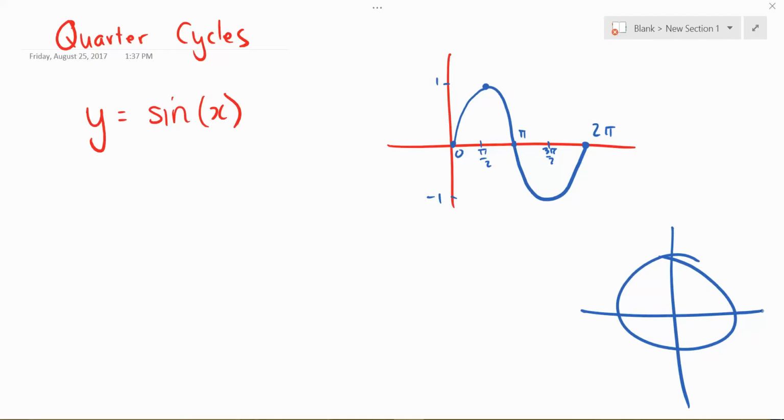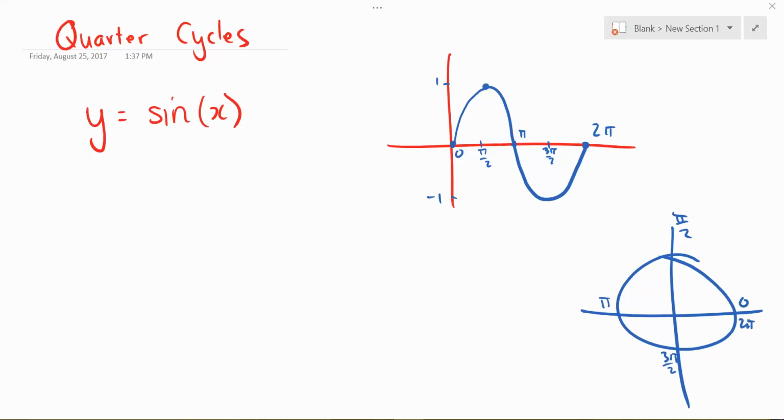That's all you're doing, going from 0 to pi over 2 to pi to 3 pi over 2 to 2 pi. It's nice because these points are definite. In every single sine shape there have to be these 4 main points. It has to have a maximum, a minimum, and a baseline. The baseline is where the center is. So you've got 1, negative 1, and the center is the average, which is between 1 and negative 1, so it makes sense as 0.